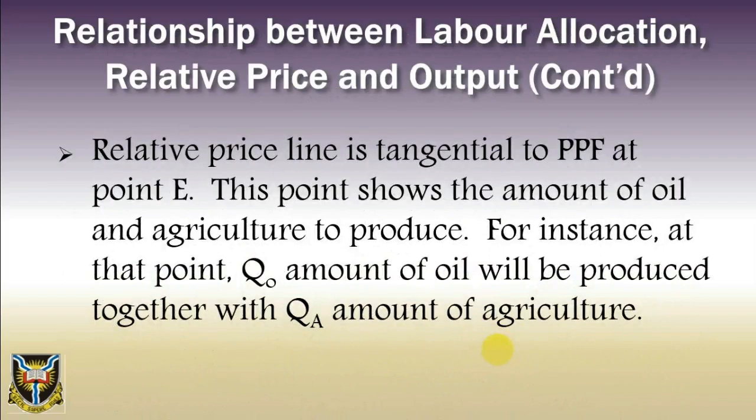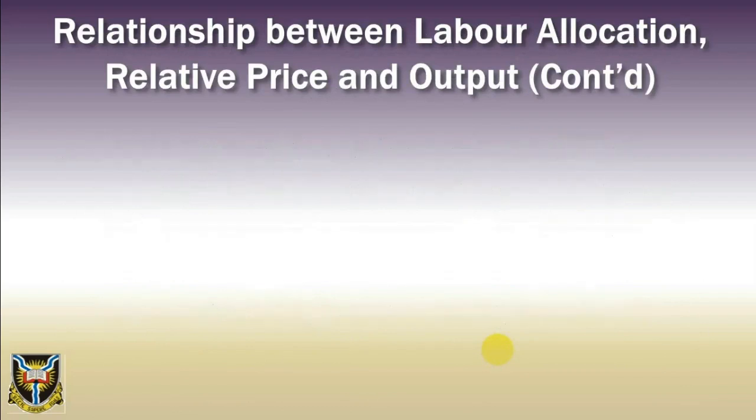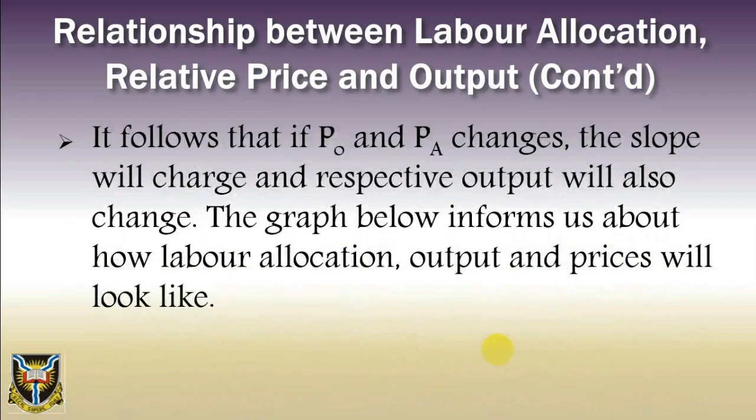For instance, at that point, QO amount of oil will be produced together with QA amount of agriculture. It follows that if PO and PA change, the slope will change and the respective output will also change.